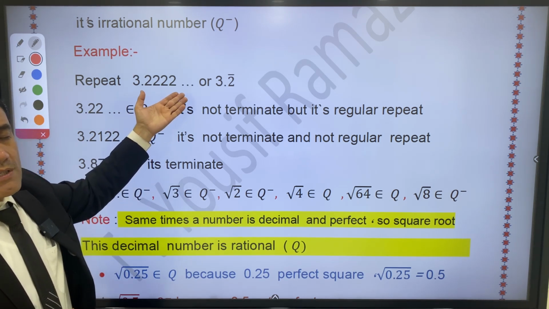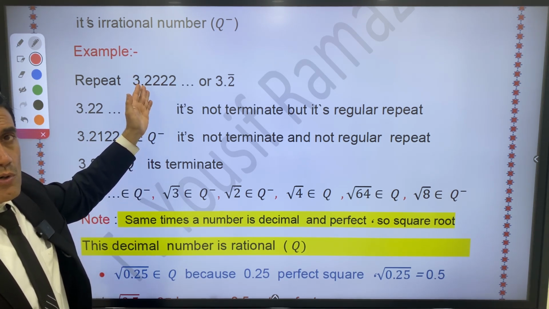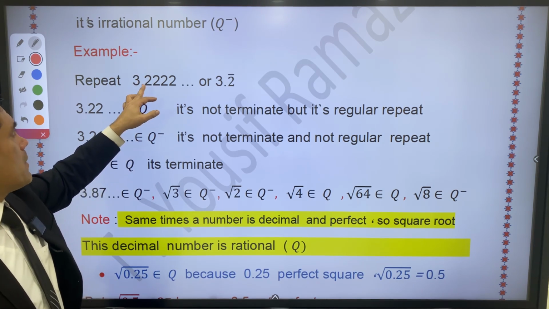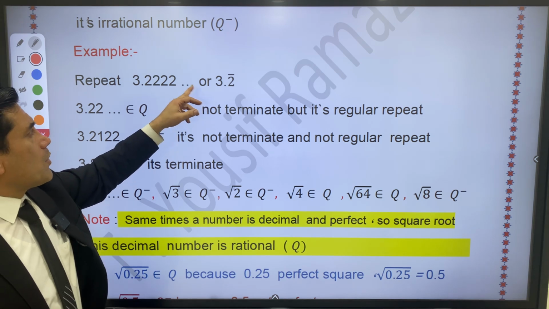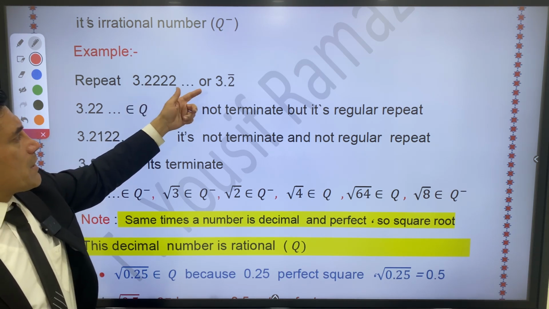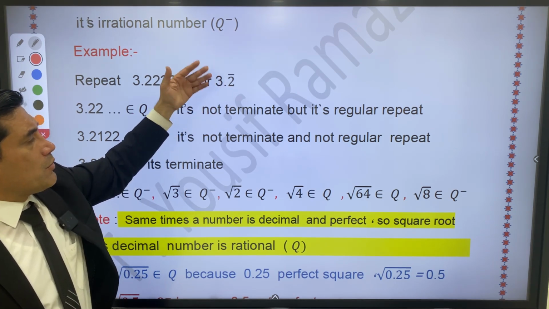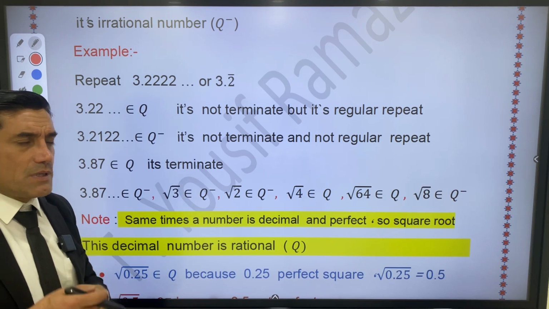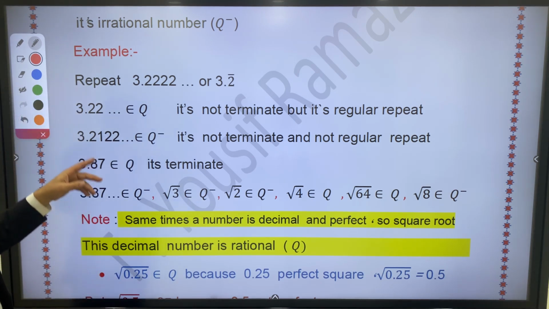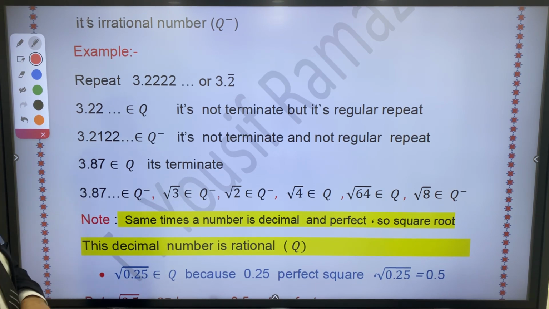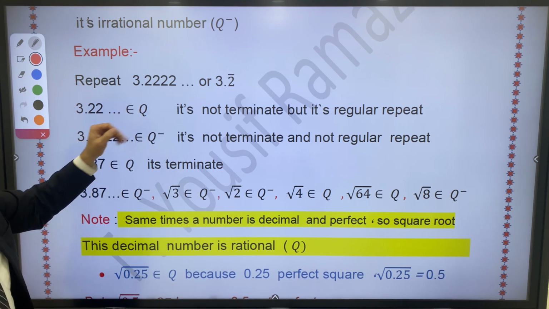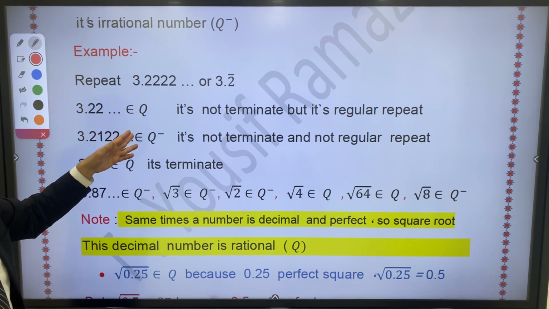It is not terminated, but it is a regular repeat, so it is a rational number. Or you can write this decimal as 3.2 with a bar, that means 2 is repeated, the regular repeat. So 3.22 with 3 points belongs to the rational numbers.